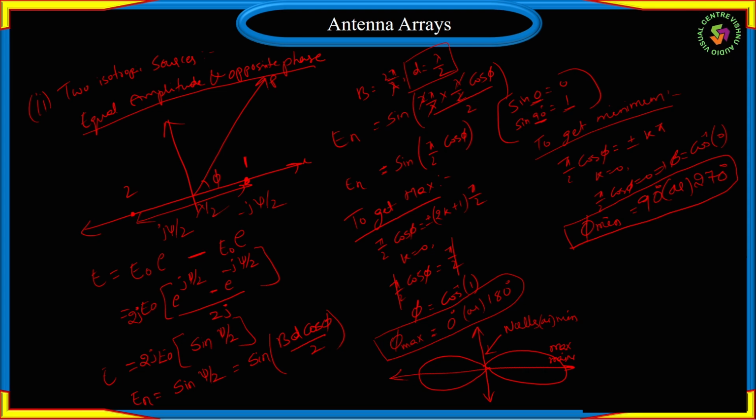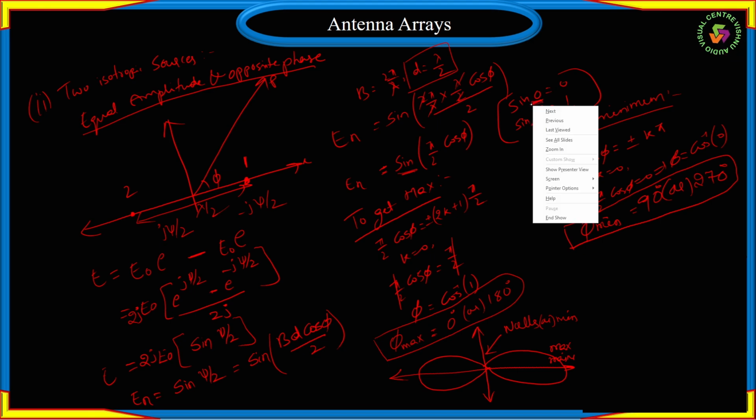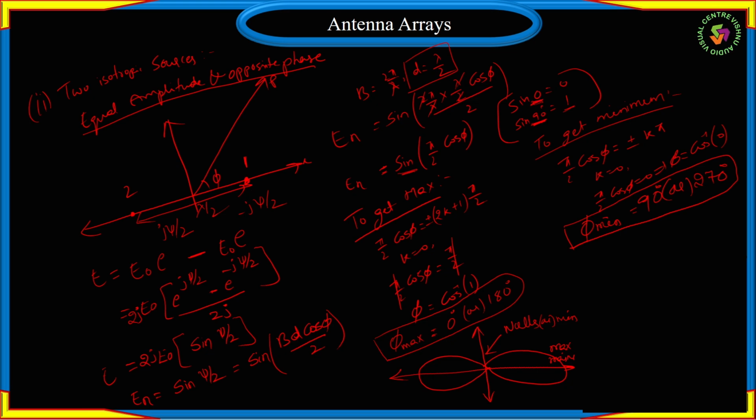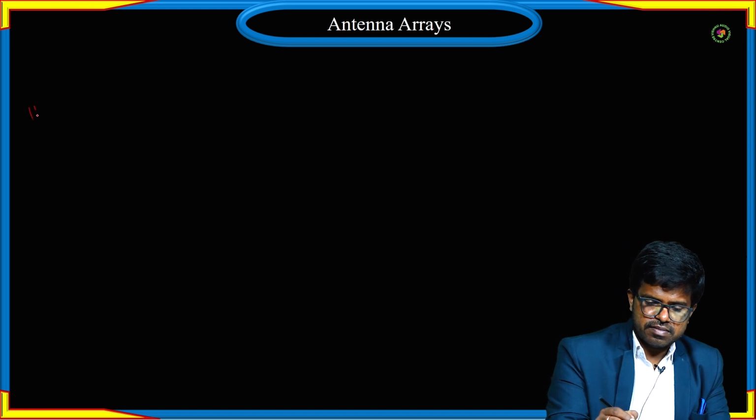To get maxima and minima, this is the sine equation. That's why to get maxima, you need to substitute bracket value to 90. To get minima, bracket value should be equal to 0. Then if you substitute, you are getting maxima for angles of 0 or 180, minima for angles of 90 or 270.